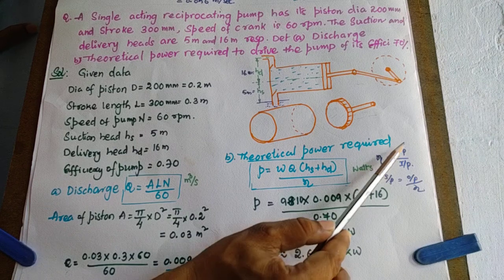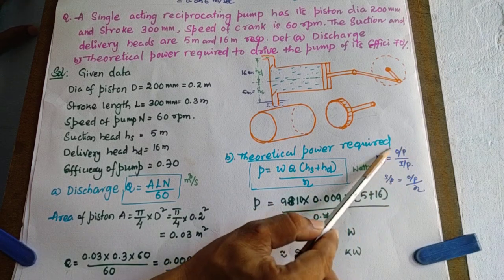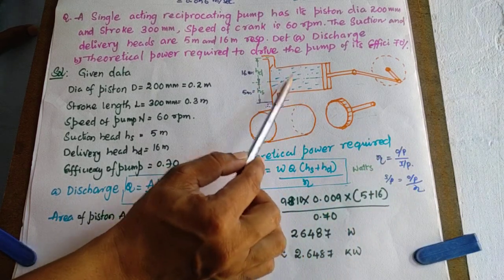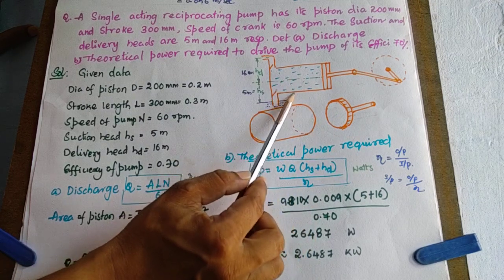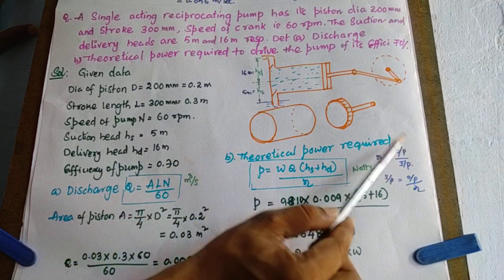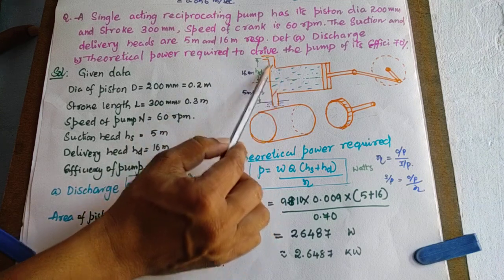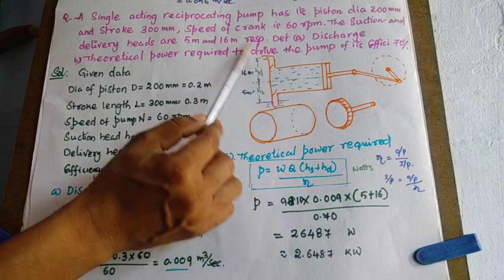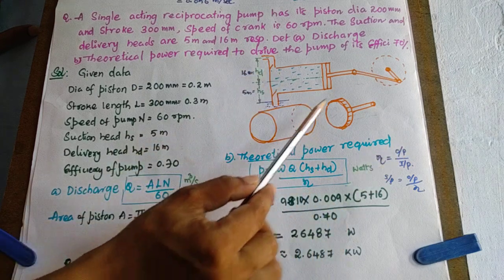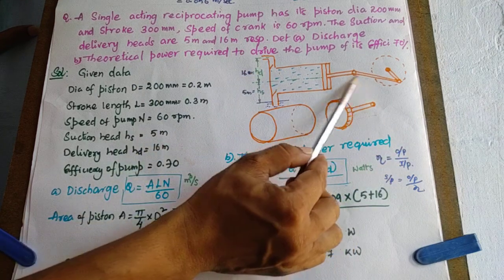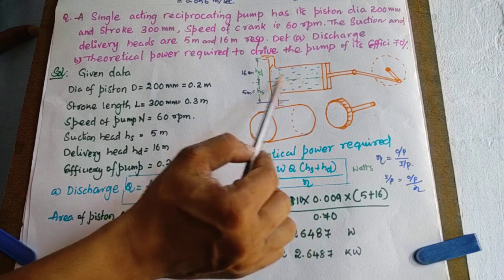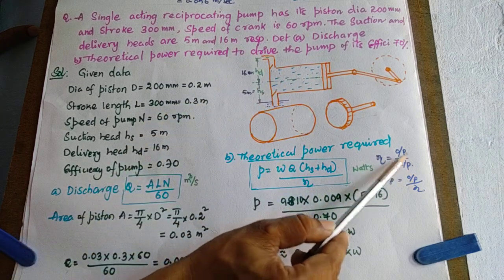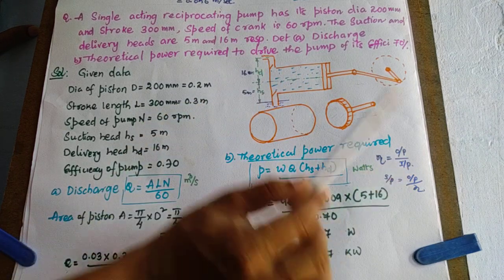In the case of this reciprocating pump, the output is the water lifted by this pump, or the work done by this pump on the water. And the input is the power supplied to this pump in order to lift the water. So efficiency equals output by input.